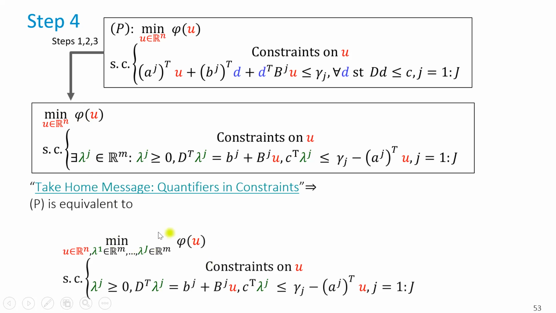So this problem is equivalent to minimizing the phi of the control variables, plus I add a vector of dual variables for every constraint, so that may make a lot, but I have now replaced the constraint with quantifier by a standard constraint. So I have a linear problem, which is much larger, but does not have any quantifier, and if it's not too large, can easily be solved.